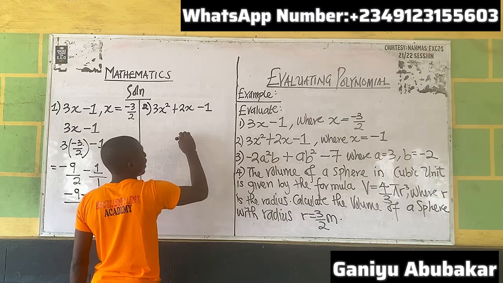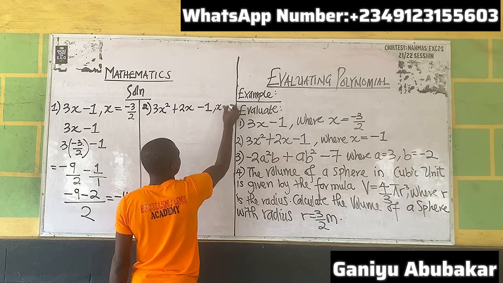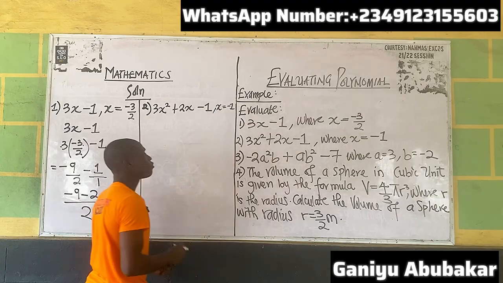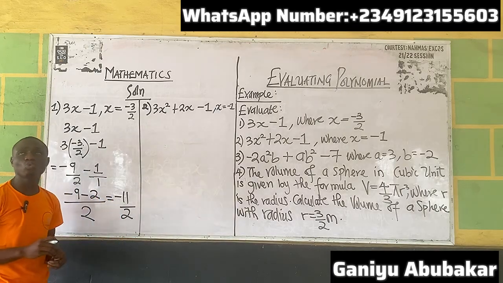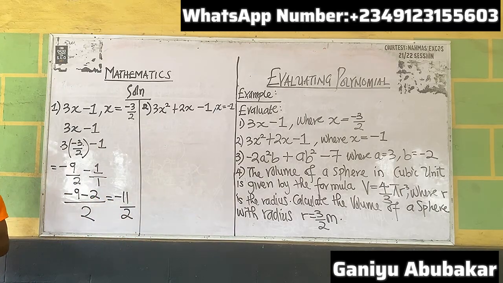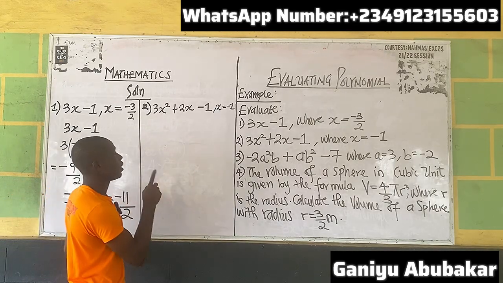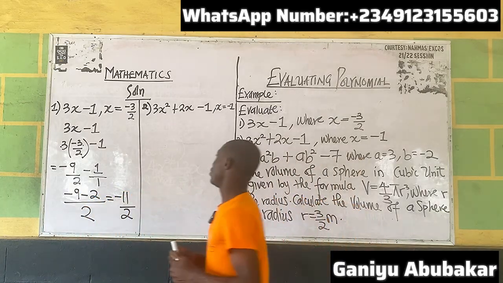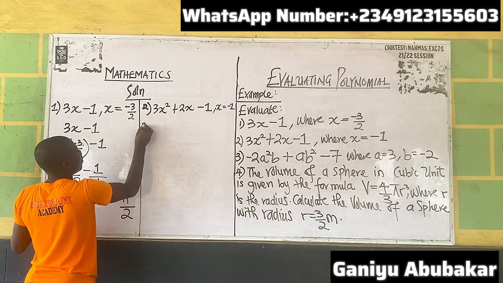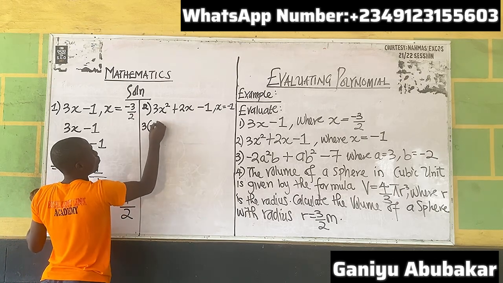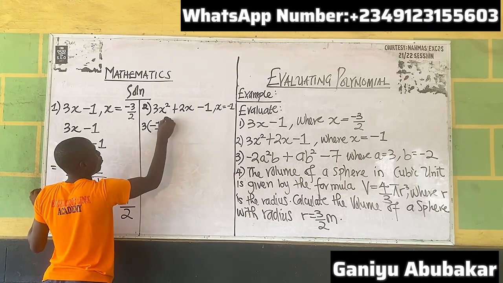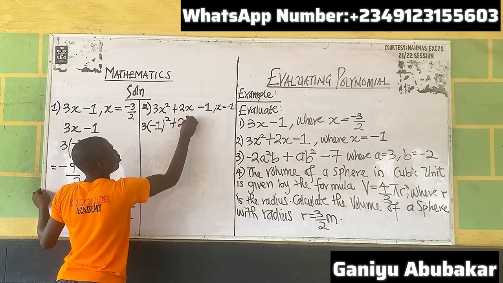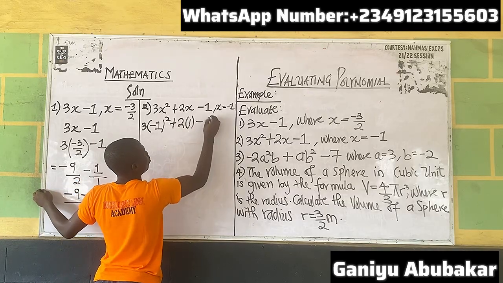I'm asked to take x as minus 1, so I have to plug in negative 1 into the expression. Anywhere I see x, I'll put negative 1. This gives you 3 into negative 1 all squared, plus 2 into negative 1, minus 1.